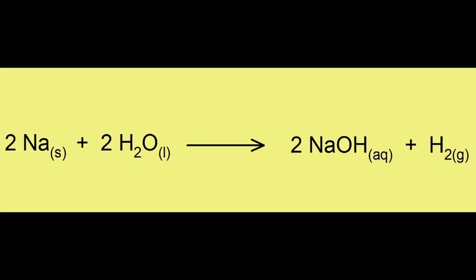Now the sodium is reacting with water, and the sodium is giving electrons to the water as we form sodium hydroxide and hydrogen. That sodium burns with a lot of energy given off, and so sometimes the hydrogen which is being produced ignites, as you see in that last video.